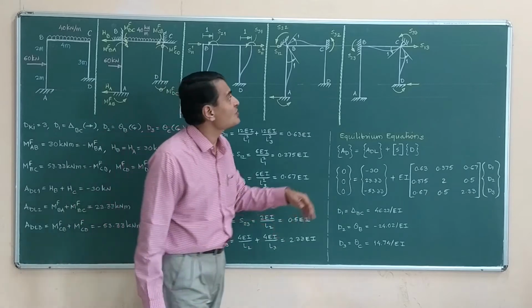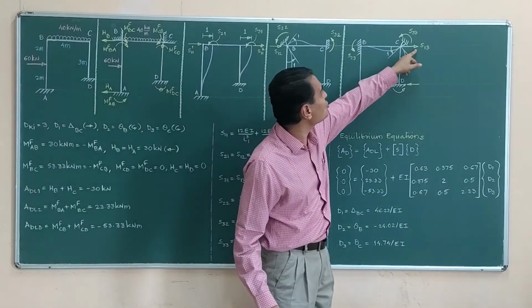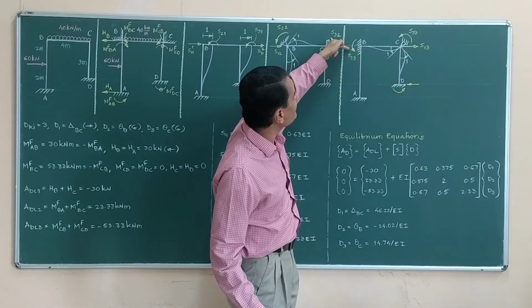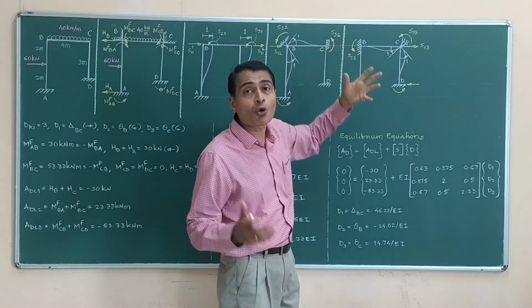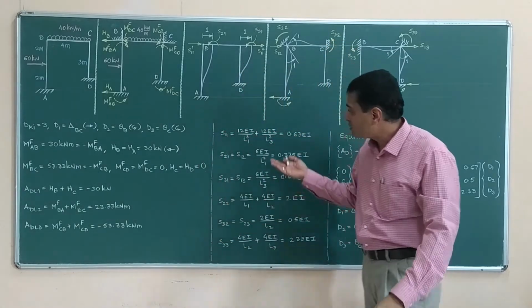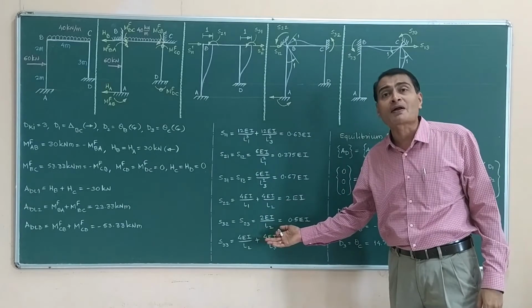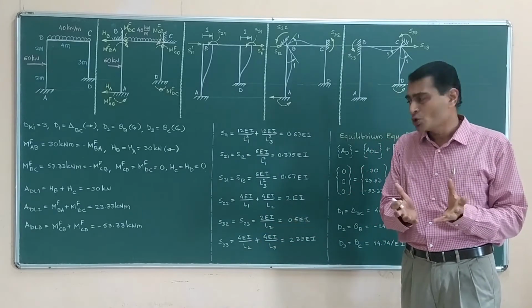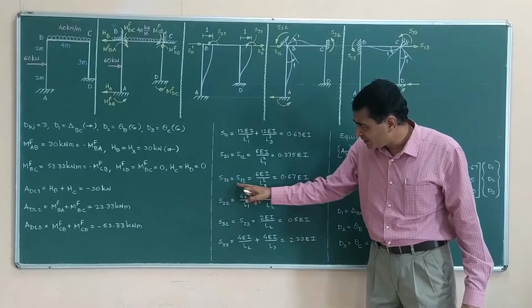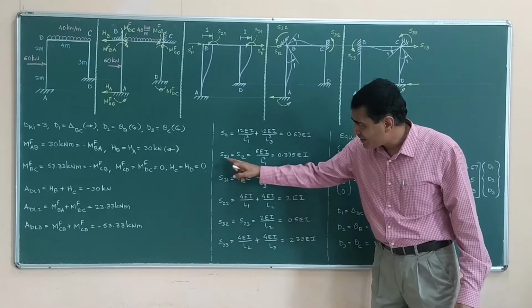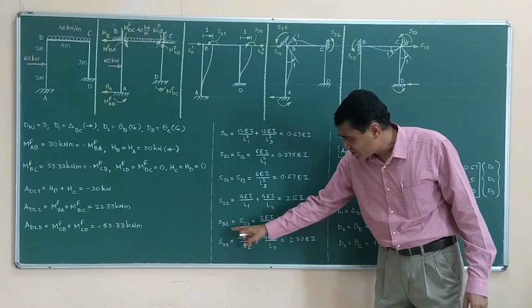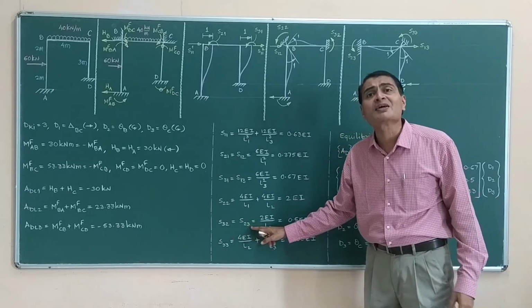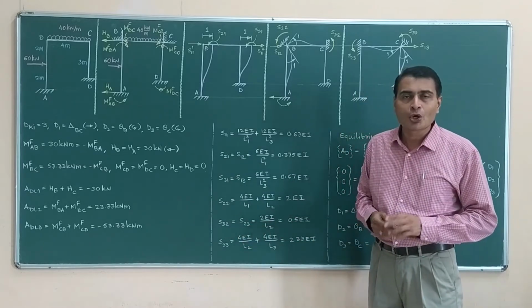The other stiffnesses, that is this stiffness S13 or this stiffness S23, we have already calculated while finding their counterparts. Counterparts in the sense the stiffness matrix is symmetric. So we are aware S13, S31 are same, S12, S21 are same, similarly 32, 23 are same, likewise.